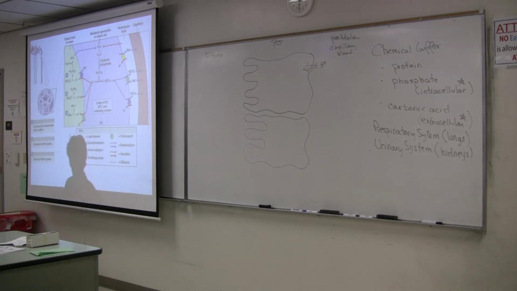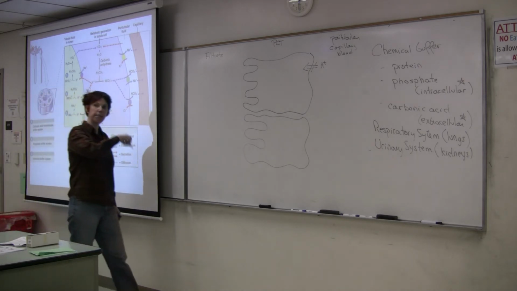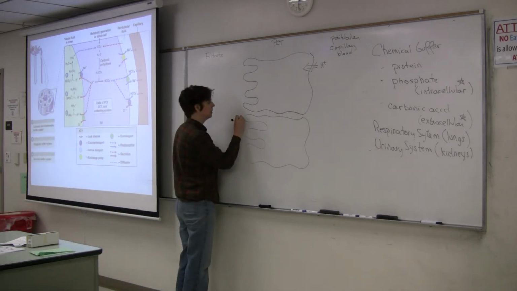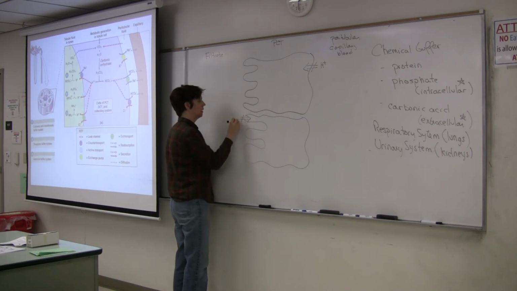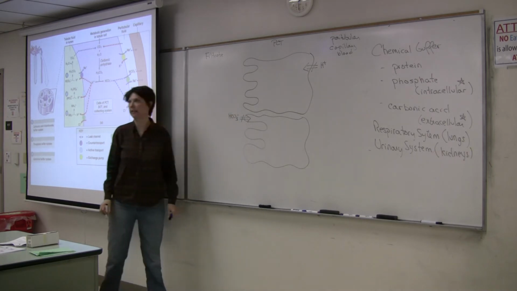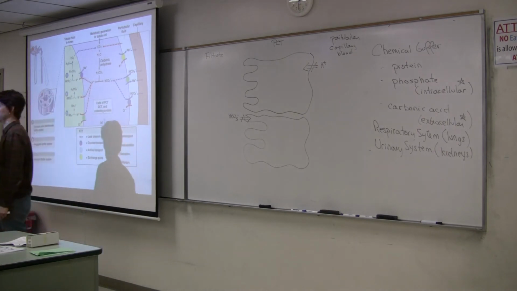Remember that happened in our blood-brain barrier, in the brainstem? Hydrogen ions couldn't get out of the arterial blood. All right? On the apical end of our membrane, bicarbonate ions can't move into the cell from the filtrate.